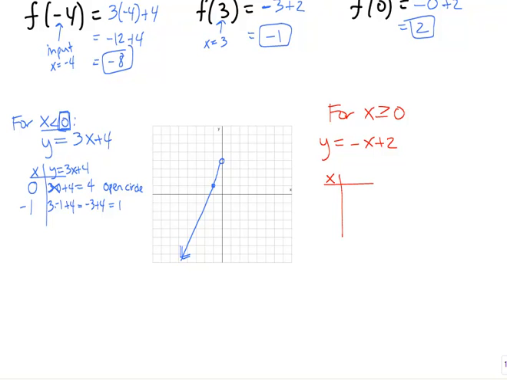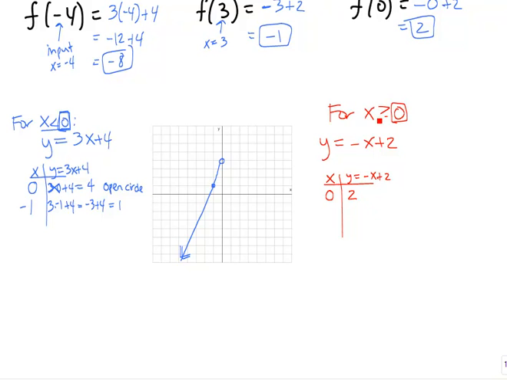So here's my second graph that I want to make, and remember that we're just going to make a little table here, and one very important point that you always want to look at in your table is this breaking point, x greater than or equal to 0. So I definitely want to see what happens at 0. If we plug 0 into our rule, we're going to get -0, which is going to stay 0, plus 2. So this is going to be (0, 2).